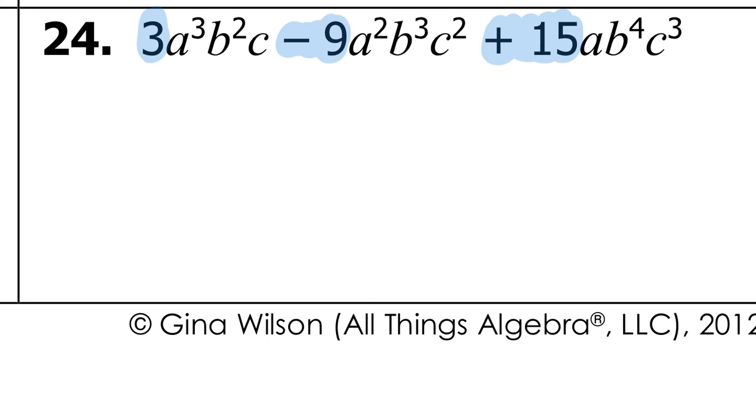And again, if you're really, really good at spotting GCF, that's fantastic. Some of us still struggle, or sometimes the numbers are so big that we don't realize what they have in common. So I'm going to start with this first term, 3.